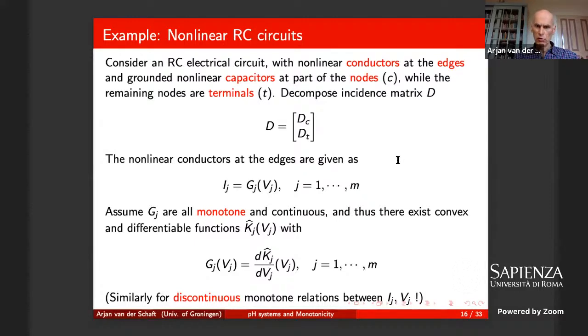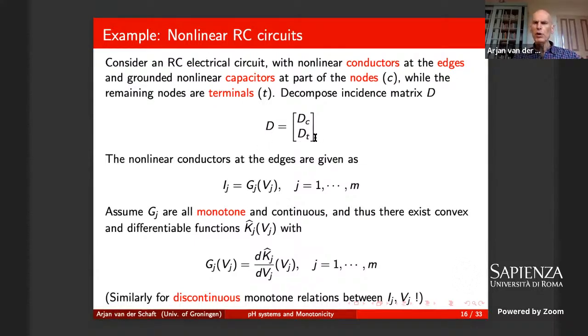We consider an electrical circuit with conductors, so the inverse of resistors, at the edges, and at part of the nodes we have grounded capacitors, and then the rest of the nodes are terminals corresponding to input voltage potentials.